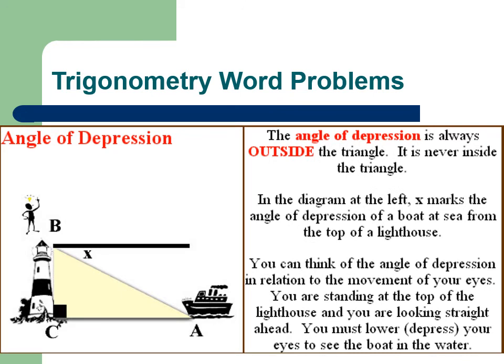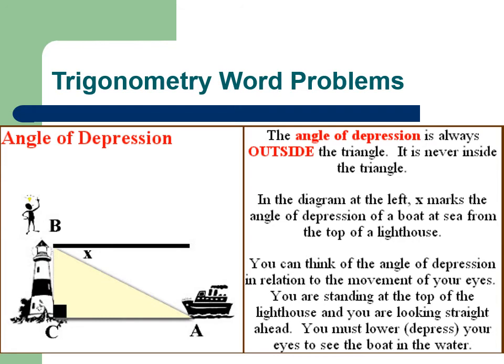Angle of depression is almost as if you're looking down at something. Now, the tricky part with this is the angle of depression doesn't end up in the right triangle that's formed from there. It sometimes can give people a little bit of confusion here. If you look at this picture, the angle of depression is that angle there.